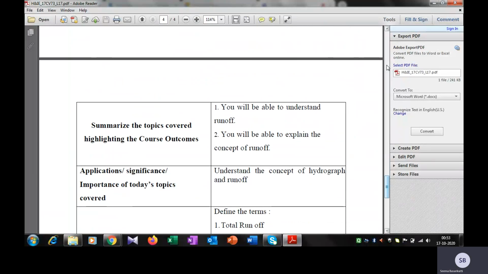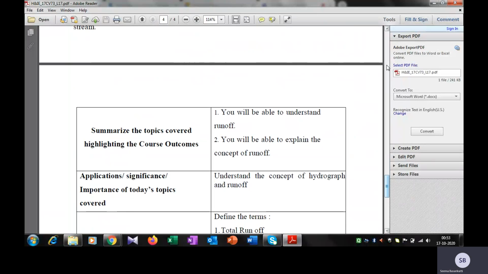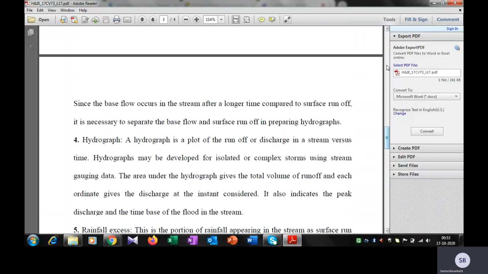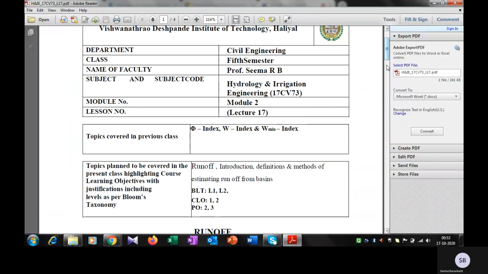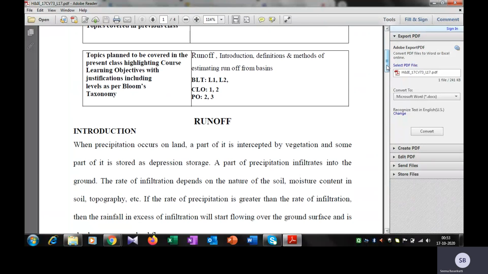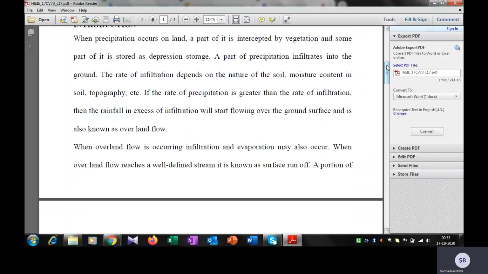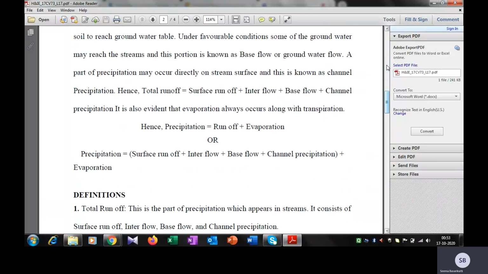So these are the learning outcomes of today's lecture. Before that, let us put a glance on the things which we have discussed in today's lecture. We discussed about the runoff, the introduction of runoff.